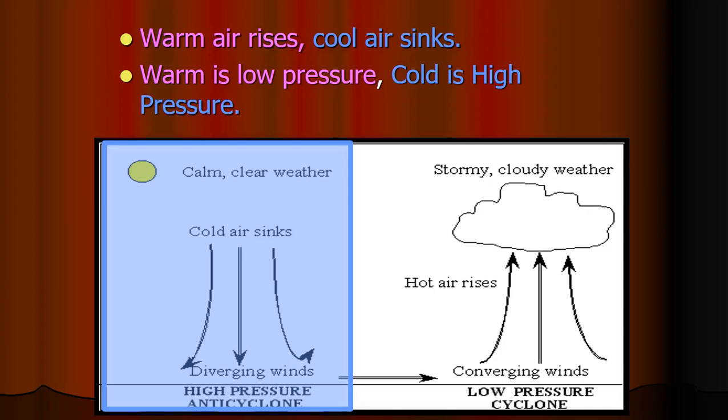And as warm air rises and cool air sinks, we need to remember that warm is low pressure and cold is high pressure. You may want to add that in the box where you drew the arrows, that warm is low pressure and cold is high pressure.